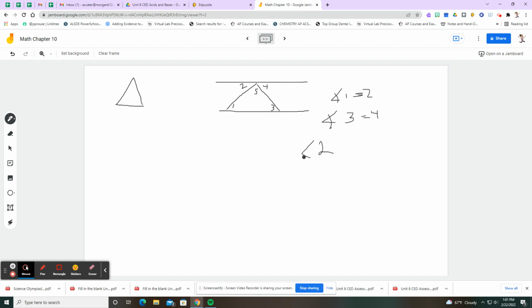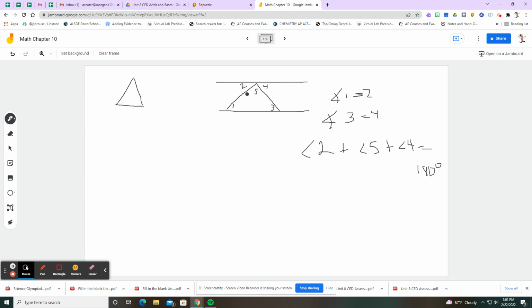So angle 2 plus angle 5 plus angle 4 should all add up to be 180 degrees. And that's kind of how we know that something is a triangle, because all three of the angles add up to 180 degrees.